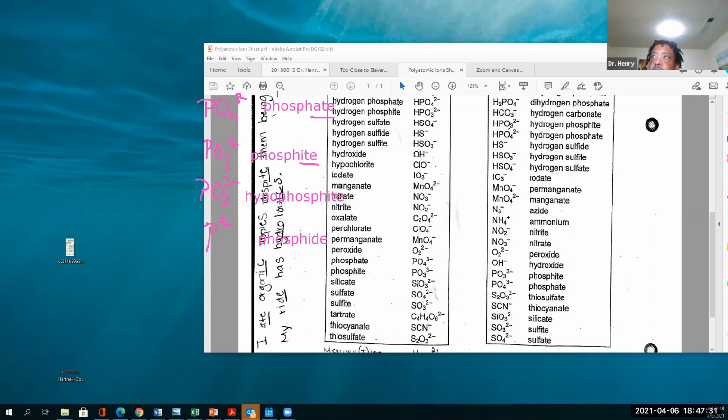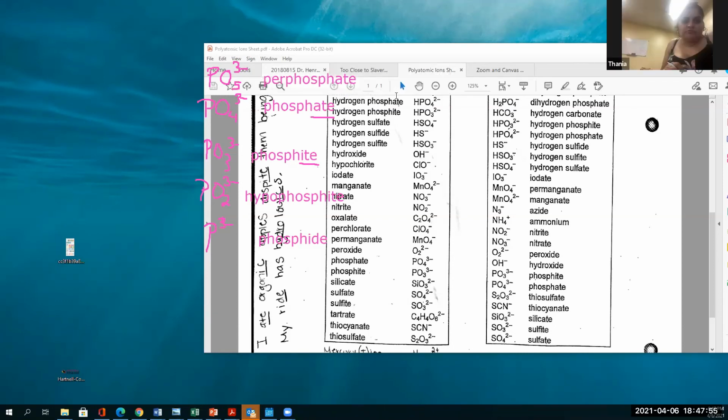I have to show you one more. If I have an extra oxygen, this is called perphosphate. How many of you have kids? If we feed your kids a whole bunch of candy, what happens? They get all sugared up, they get hyper, right?